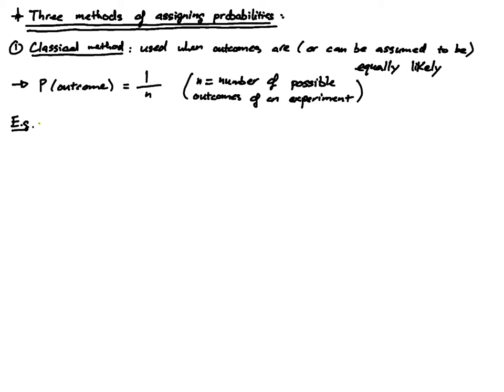Let's consider the coin flipping experiment. Now you probably have heard that when you flip a coin, the probability of getting a head is 1/2, and the probability of getting a tail is 1/2, or 50%, right? Let's see where those numbers come from. So when you flip a coin, there are two possible outcomes, right? And the two possible outcomes are head and tail.